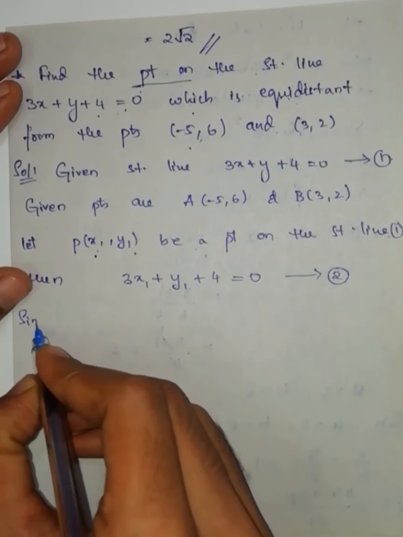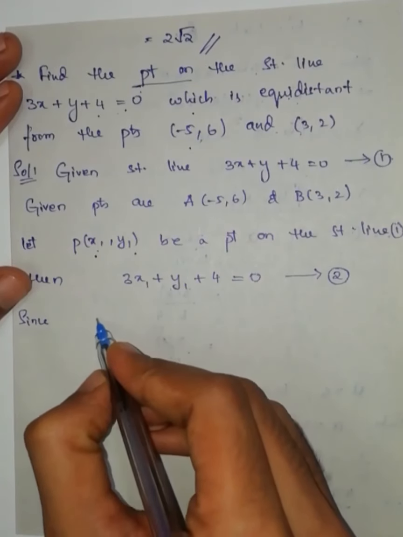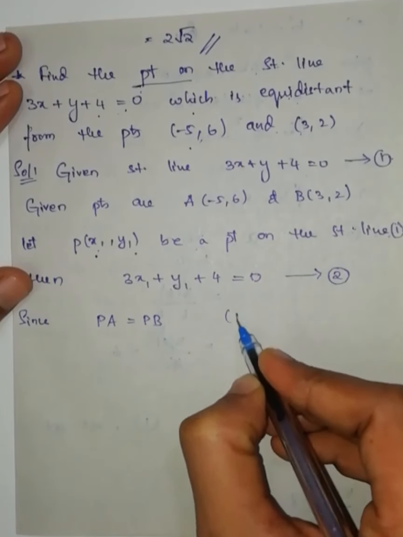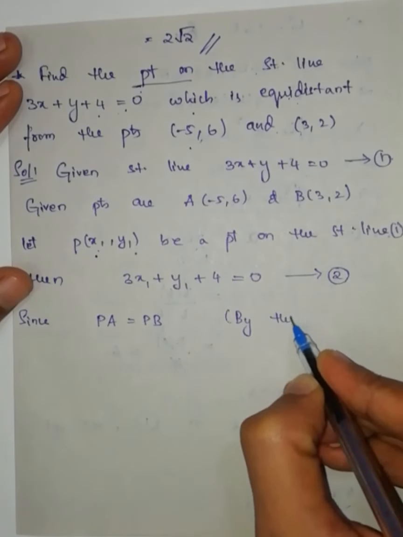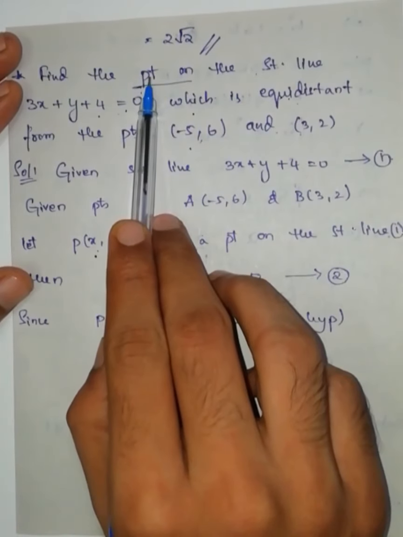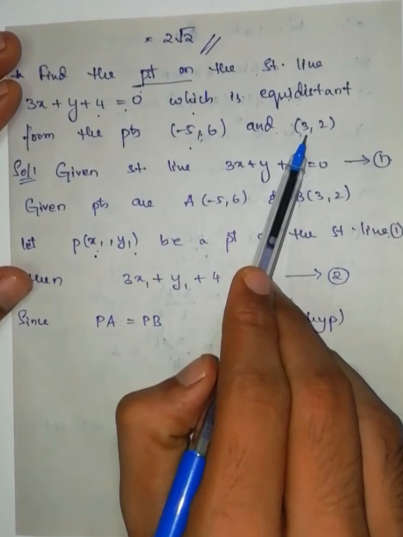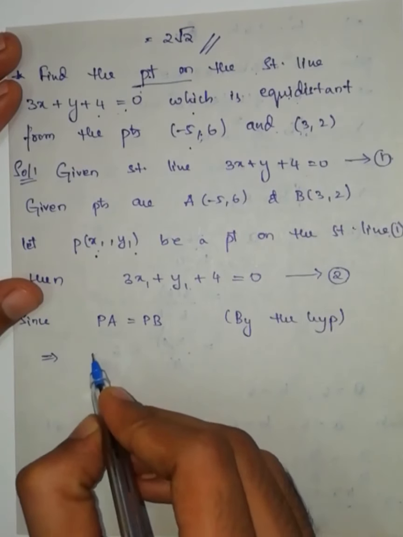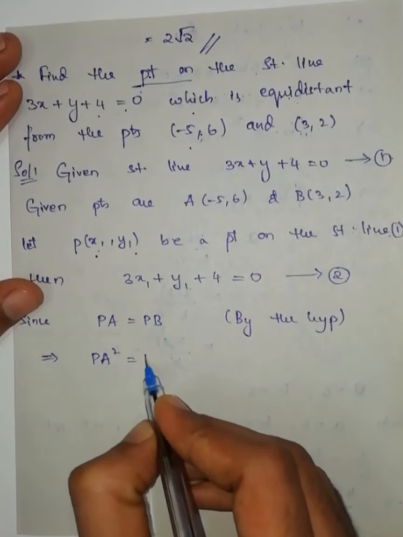Since distance of PA is equal to PB by the hypothesis, means the distance of the point P from A and point P from B is same. Now I am squaring on both sides. We will get PA square is equal to PB square.